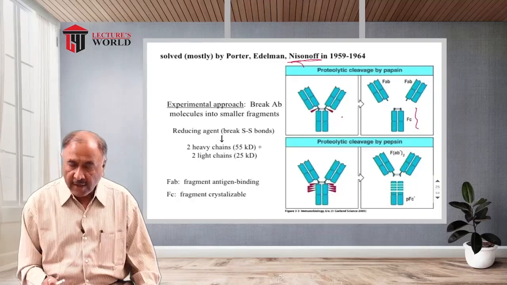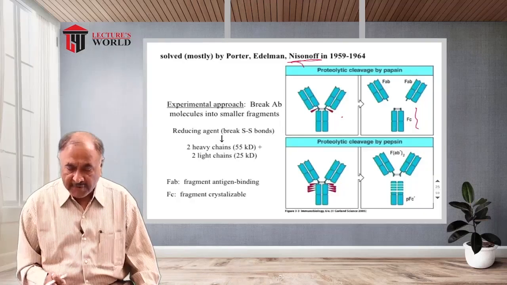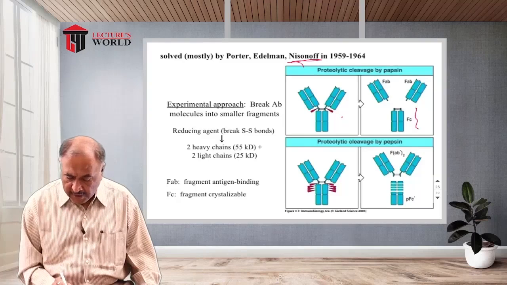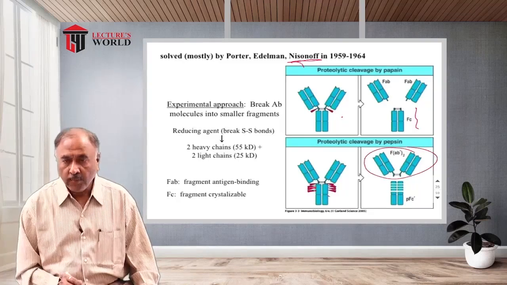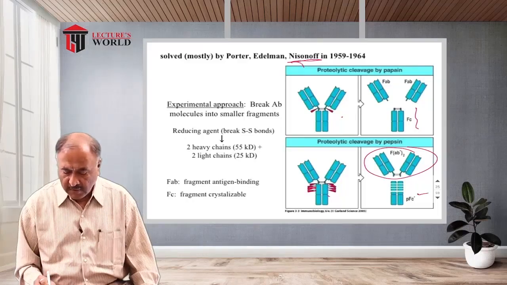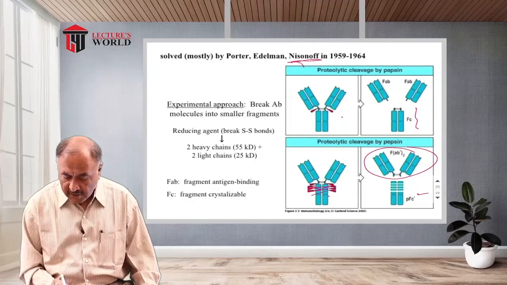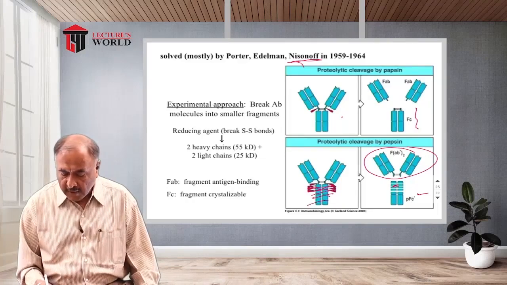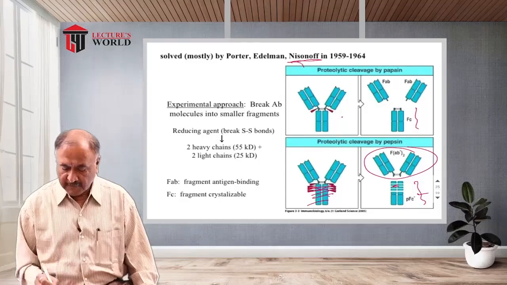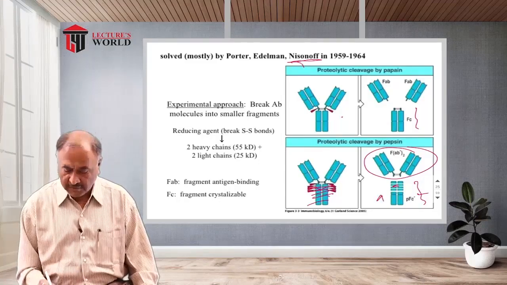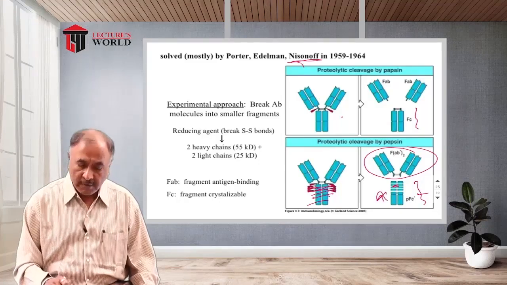When proteolytic cleavage by pepsin is done, it attacks here, and what you have got is F(ab')2, and this is the FC region, but this is digested here, and therefore it is entirely digested. This is not at all in existence. Only the F(ab')2 region remains.